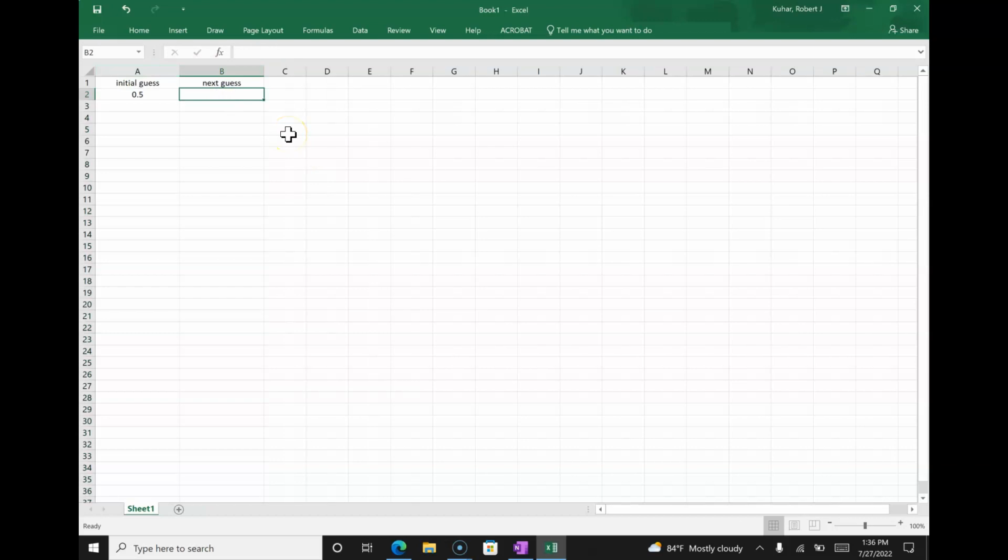So my initial guess was x on my paper, right? But now it's going to be A2. Can you see cell A2? So column A, row 2, right? Everywhere I have an x in my formula for x next, I'm going to write it as A2. So I want equals parenthesis 2 A2 to the 5th, correct?